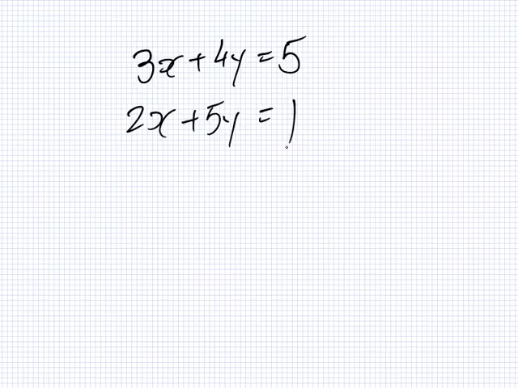So this is different. Why is it different? Because if we minus that, we don't have 0. The x's are different. The y's are different. They won't kill each other. They won't cancel. So we need to make x or y the same. Does anyone know how to do that? Make x or y the same?